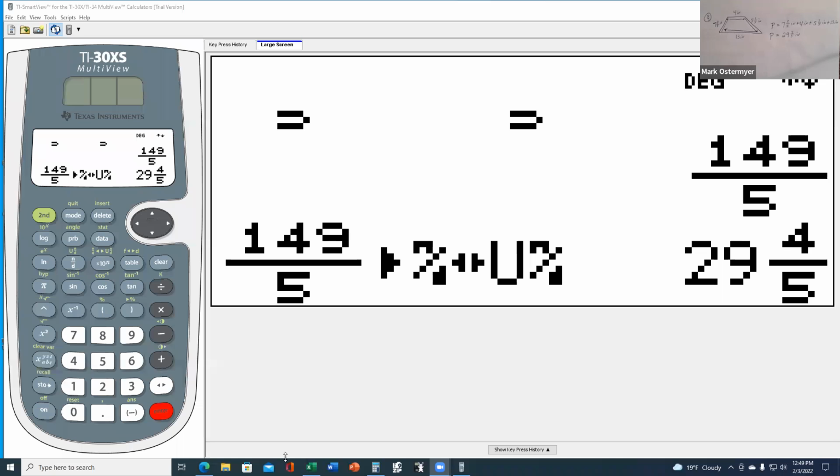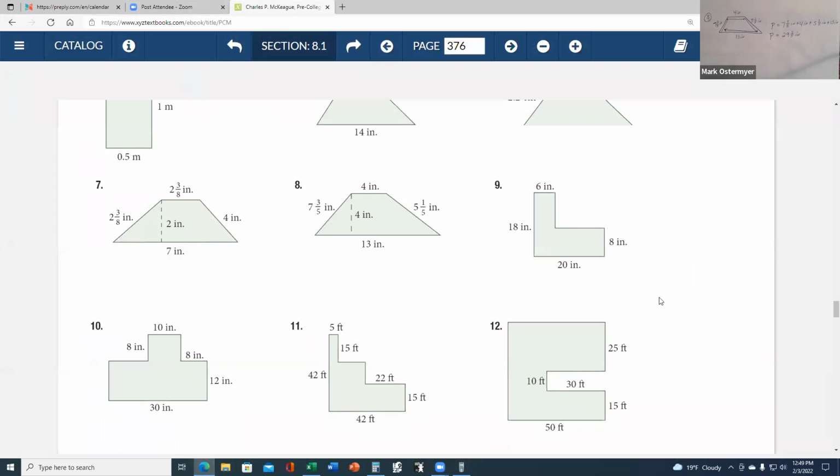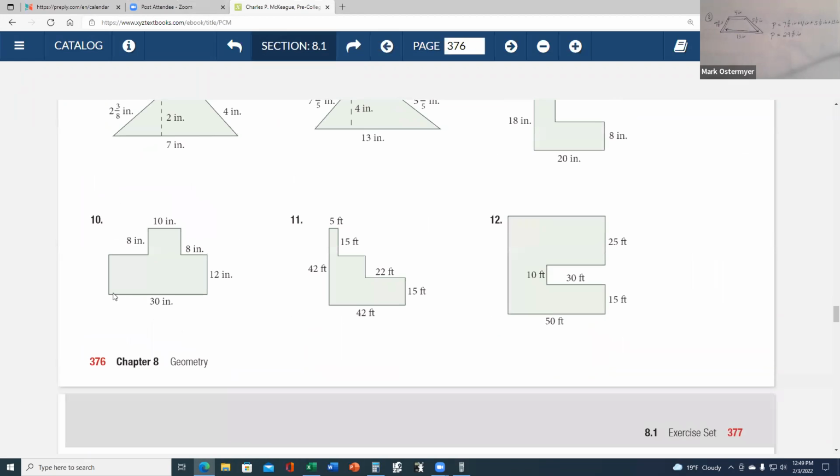All right, now some shapes, ladies and gentlemen, are not going to be, how shall I say it, exactly your run-of-the-mill shapes. So problem number 10 here, they give you what kind of looks like maybe the shape of some sort of a floor plan of a house or something. Well, anyways, they want us to compute the perimeter of this geometric shape, which really does not have a name, collectively speaking.